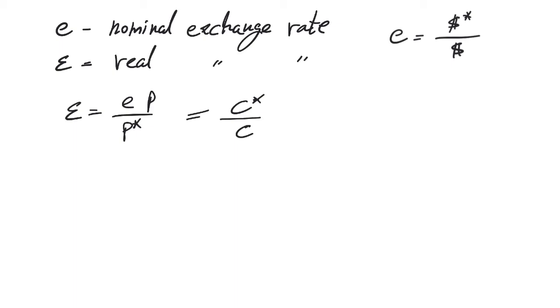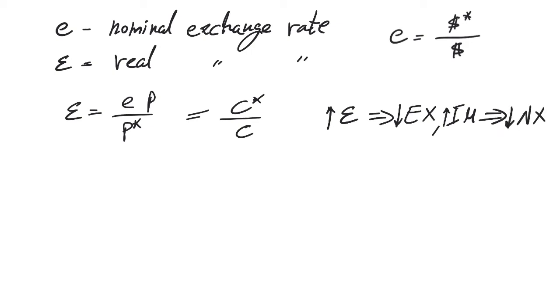And so the dynamics are that if the real exchange rate goes up, the result of that would be that our goods become more expensive relative to the goods abroad. And so our export will go down and our import will go up, or in other words, the net export will go down.